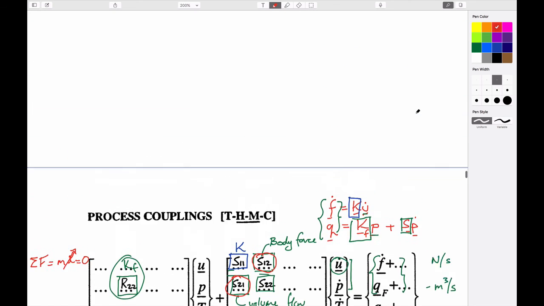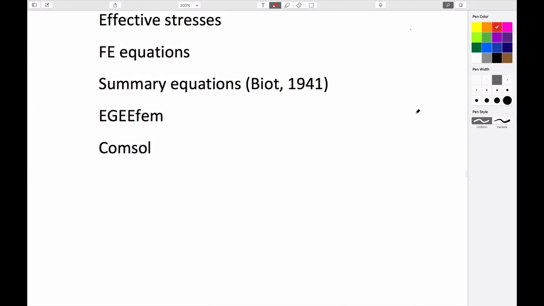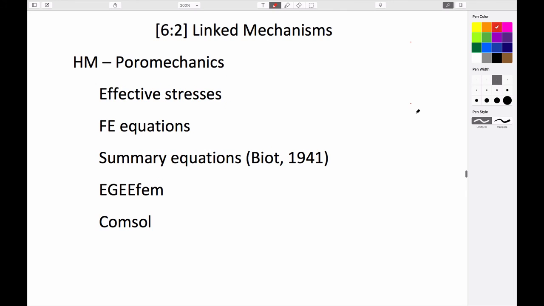So what we'll do today, now that we've introduced that, is talk about this coupling between hydraulic behavior and mechanical behavior, which is the essence of what we're trying to do, often referred to as pore mechanics. The first thing we'll see is that we've talked already about having a number of requirements for the solid behavior.